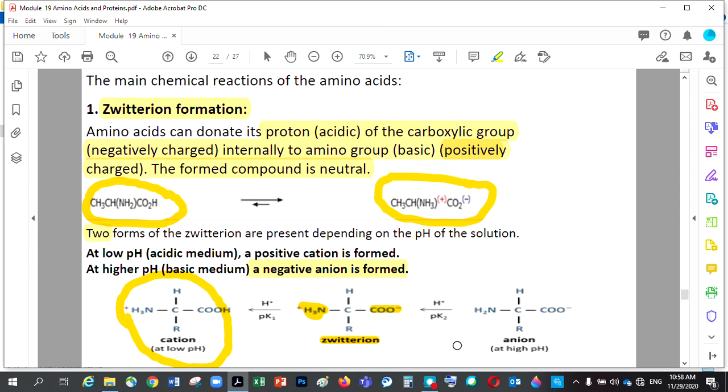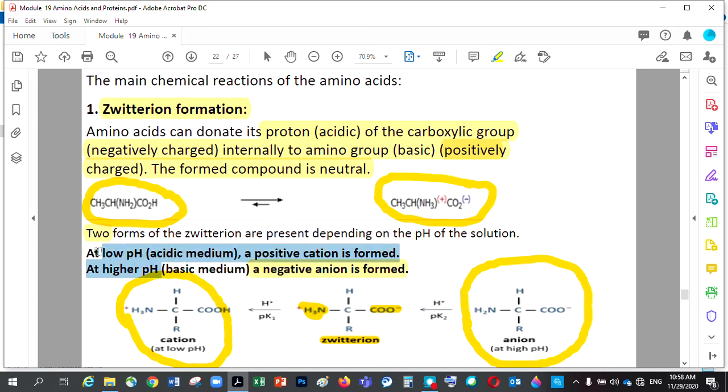If you have a very high pH and a very basic solution, then the anion is preferred. So you can see this is basic, correct? This is basic preferred, and this is the type here.